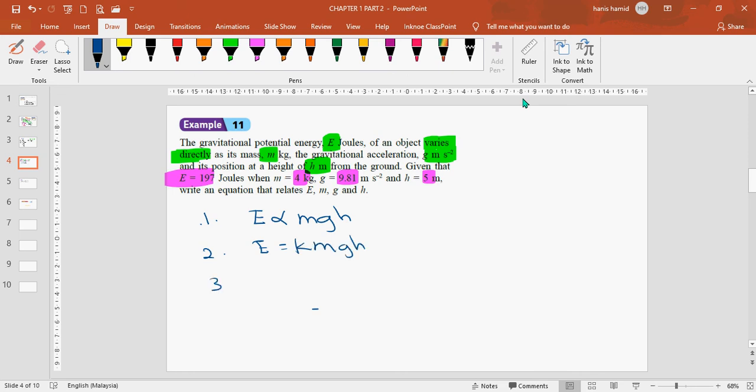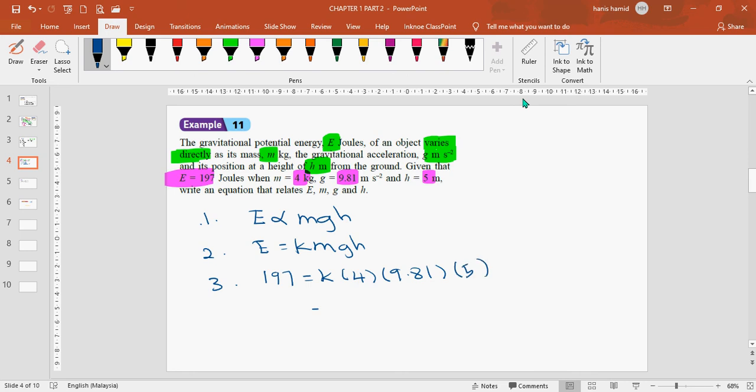The third step, to find the value of K, refer to the purple highlight. E is 197 equals to K, which you don't know, M is 4, G is 9.81 while H is 5.